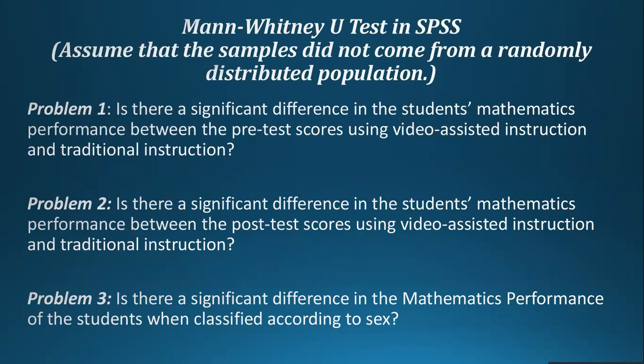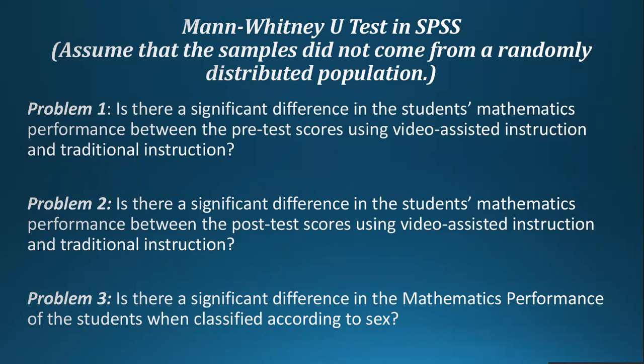The Mann-Whitney U-test and SPSS. So we have here the following three examples of the statement of the problem. So assume that the samples did not come from a randomly distributed population. Problem number 1: Is there a significant difference in the students' mathematics performance between the pretest scores using video-assisted instruction and traditional instruction?